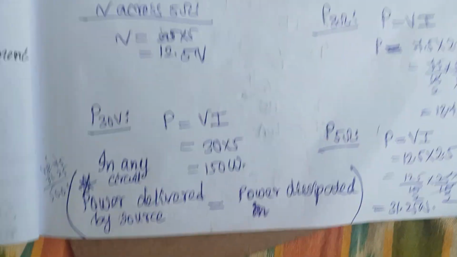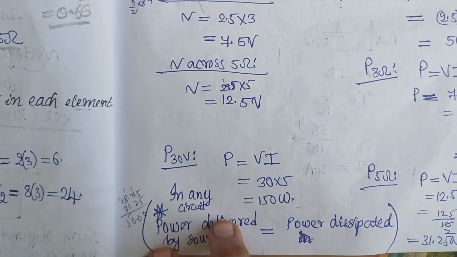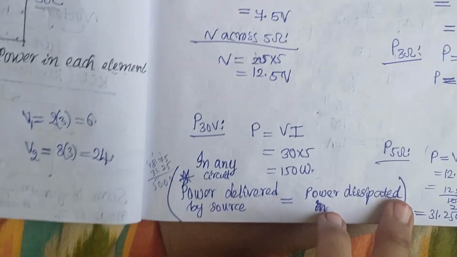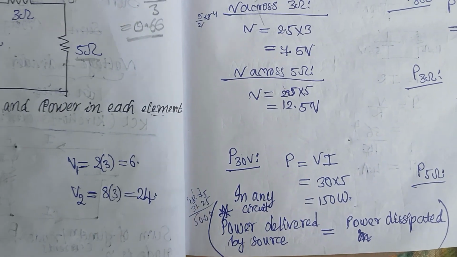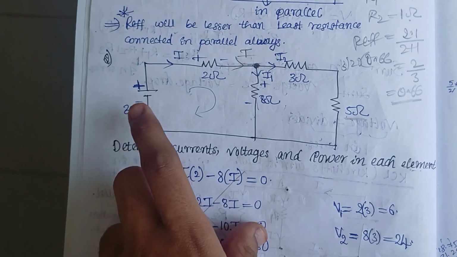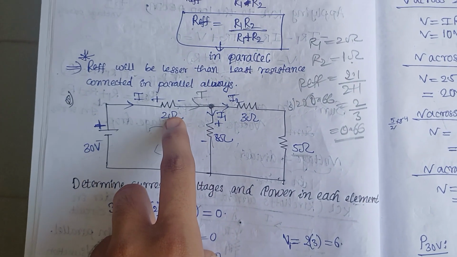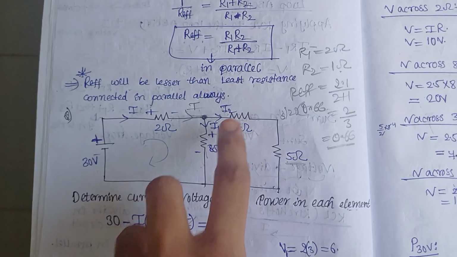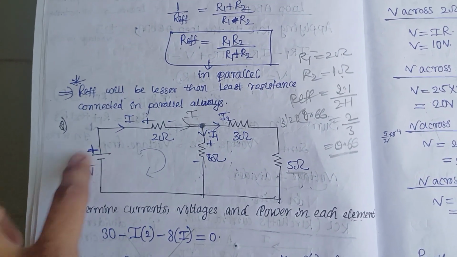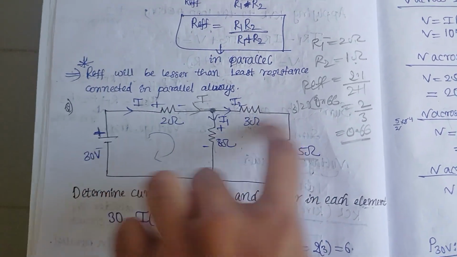And now here is a key important point to remember: in any circuit, the power delivered by the source is equal to the power dissipated. See, here this was a source, that is your battery, and these were the elements, that is, in resistors the power is dissipated, right? So the power delivered by this source should be equal to the power dissipated across all these resistors.